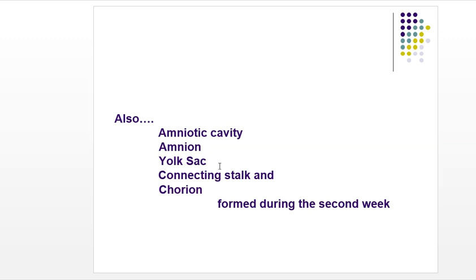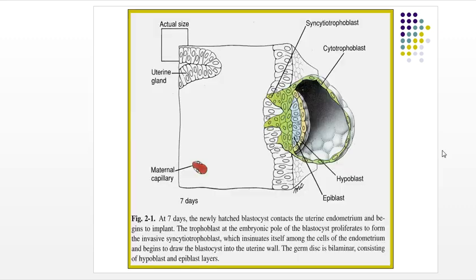And also the amnion cavity, amnion fluid, yolk sac, connecting stalk and chorion formed during the second week. Now I start day by day some more important events during the second week.